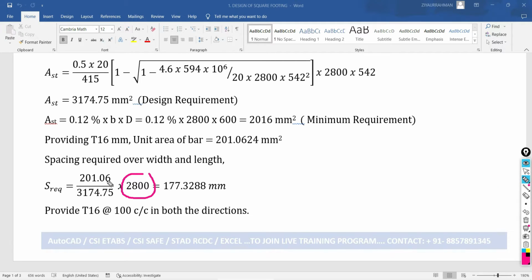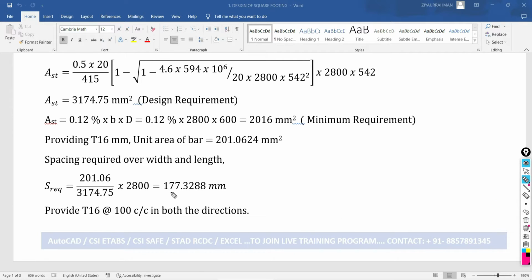So 201.06 divided by 3174.75 multiplied by 2800, the full width. Calculating, I am getting 177.3288. So this much spacing is required for a safe design in both directions. Here I am going to directly take the 16 mm diameter bar.